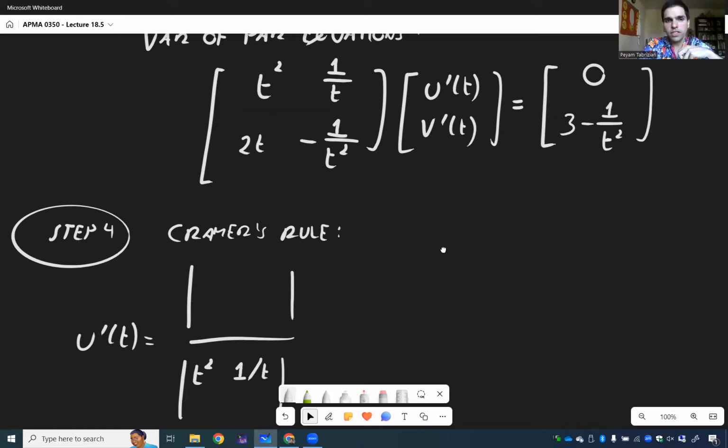So t squared, 1 over t, 2t, minus 1 over t squared. And for the numerator, you replace the first column by the inhomogeneous term. So 0, 3 minus 1 over t squared. And the second column is unchanged.